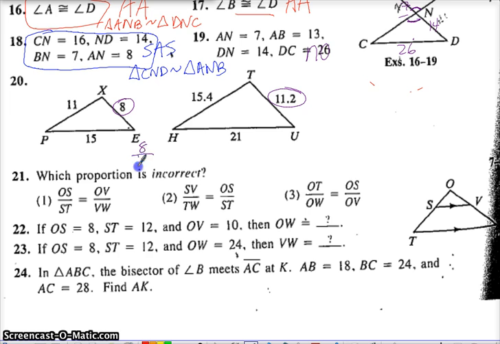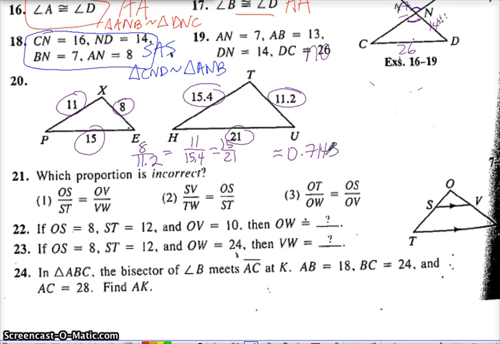So it should be 8 is to 11.2, as the middle number is to the middle number, as 11 is to 15.4, as the largest number is to the largest number. So as 15 is to 21. Now you need to take your calculator and divide all of them. So 8 divided by 11.2, I get about 0.7143.